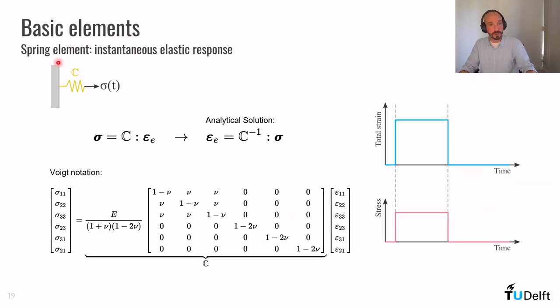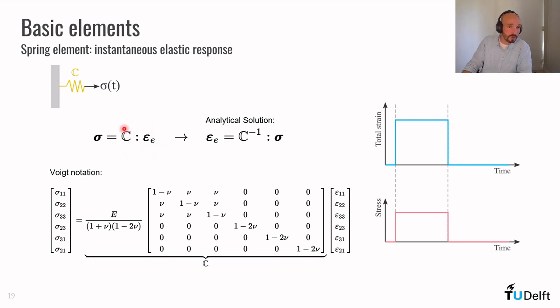Starting from the spring element, this is an instantaneous elastic element. This can be transferred to three dimensions using Hooke's law, which says that the second order stress tensor equals the double dot product between a fourth order elastic stiffness tensor and the second order elastic strain tensor.